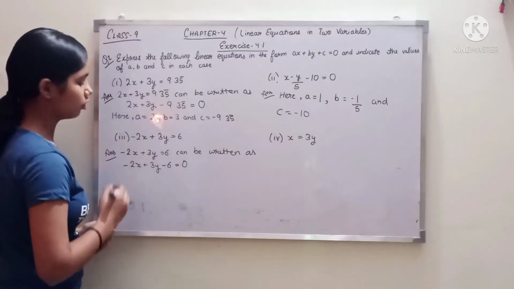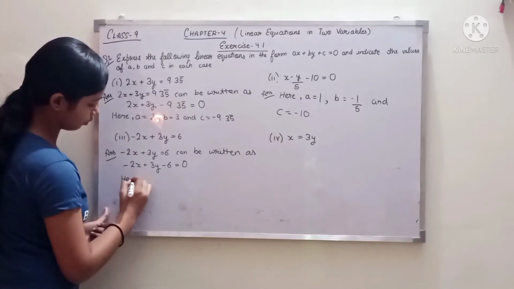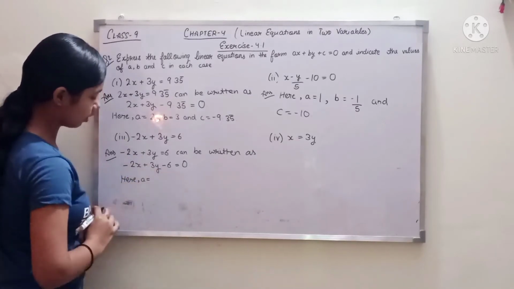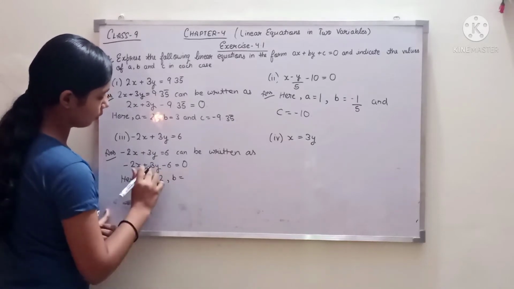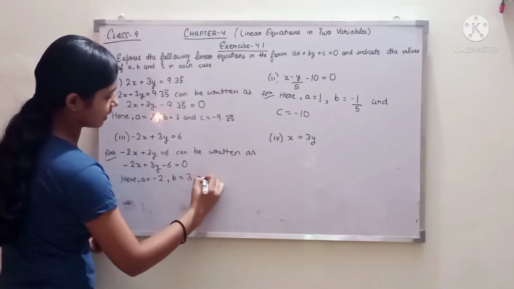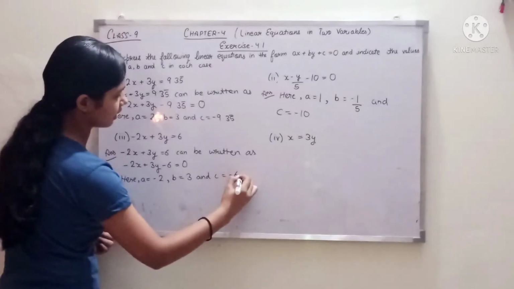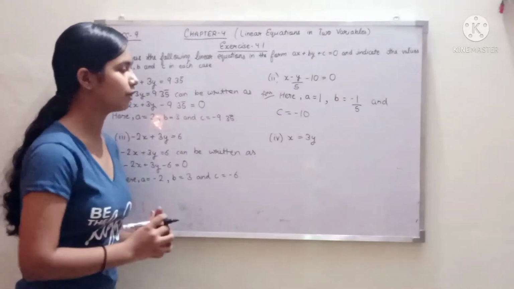Now here a is equal to minus 2, b is equal to 3, and c is equal to minus 6.